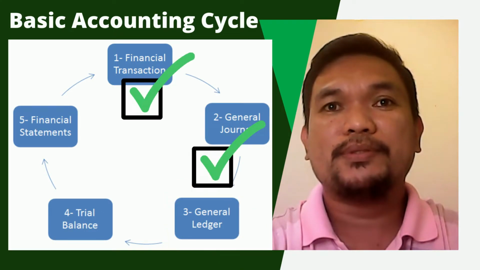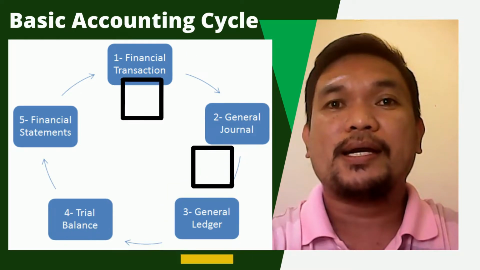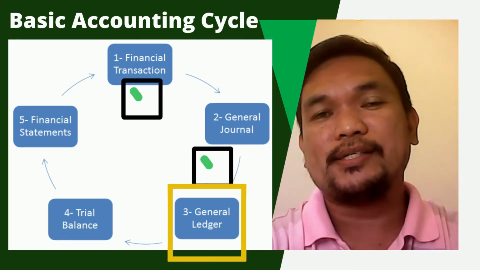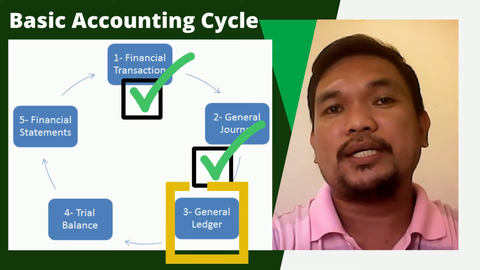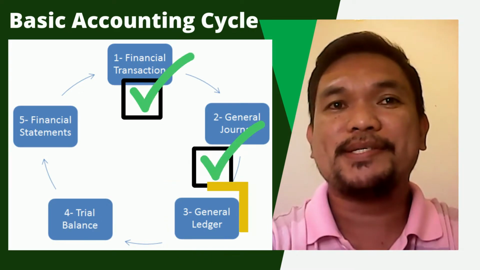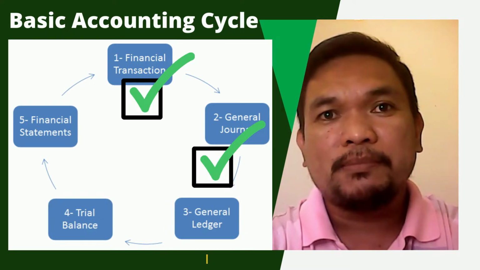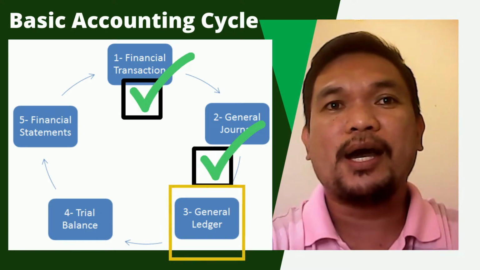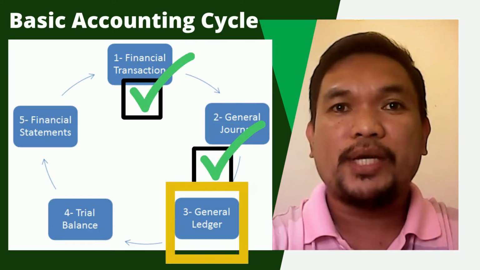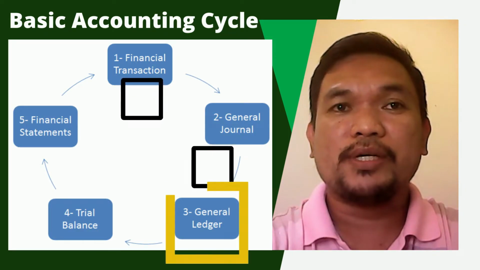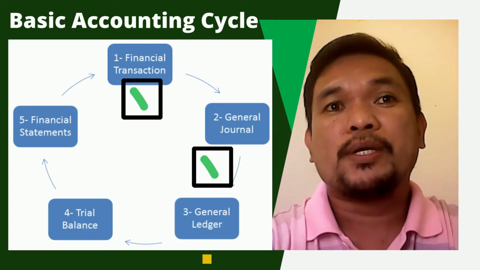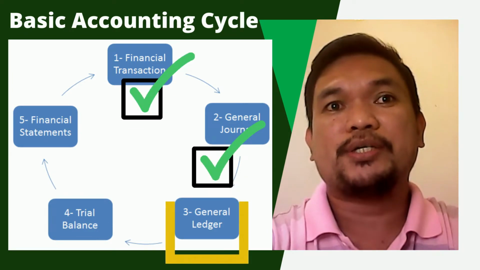So we were able to also make our accounting entries. This is actually the cycle when we do accounting or bookkeeping. This time, makikita ninyo dyan yung naka-yellow box, andyan na tayo na step. So we are now in our step 3, which is the general ledger, or we call that in accounting, posting to the ledger or the general ledger.